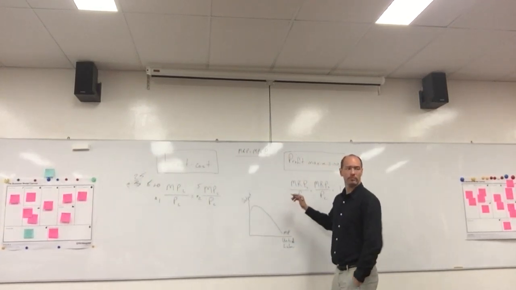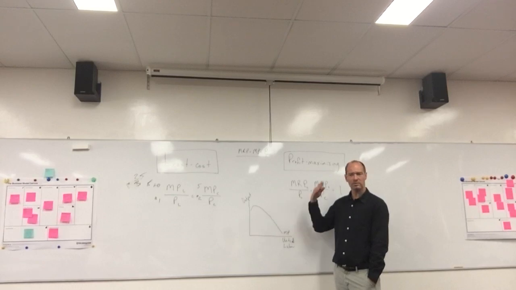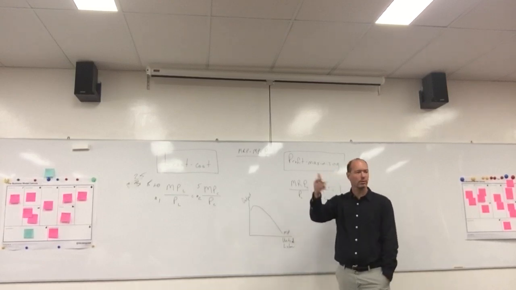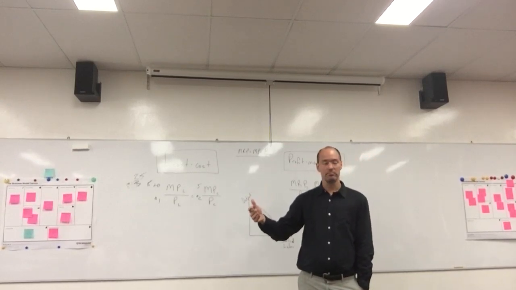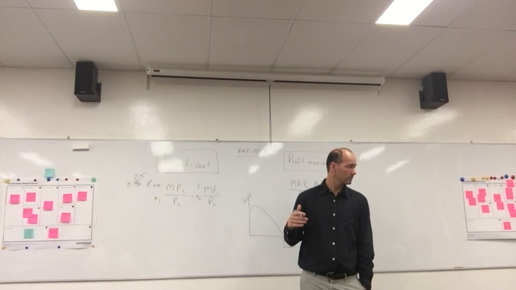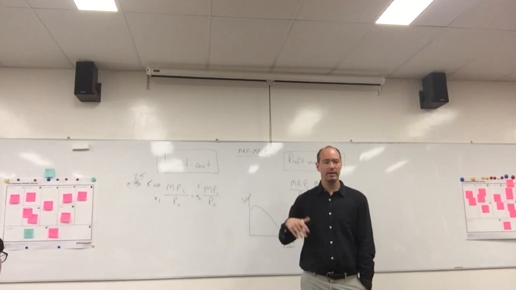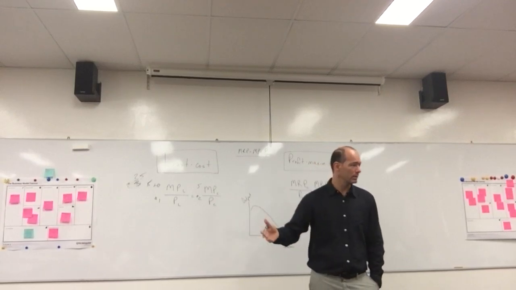In terms of maximizing profit, you should just think, okay, what's a business going to do? It's going to hire workers or hire resources as long as the extra revenue it gets from hiring that worker is greater than that worker's wage.